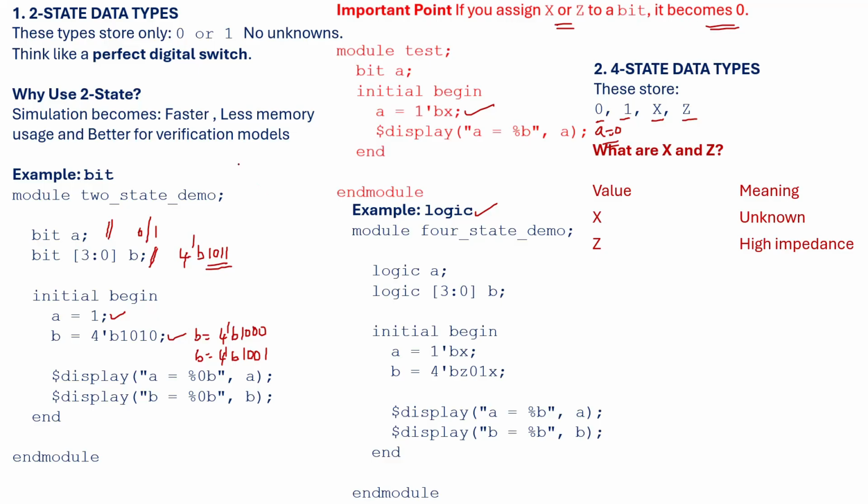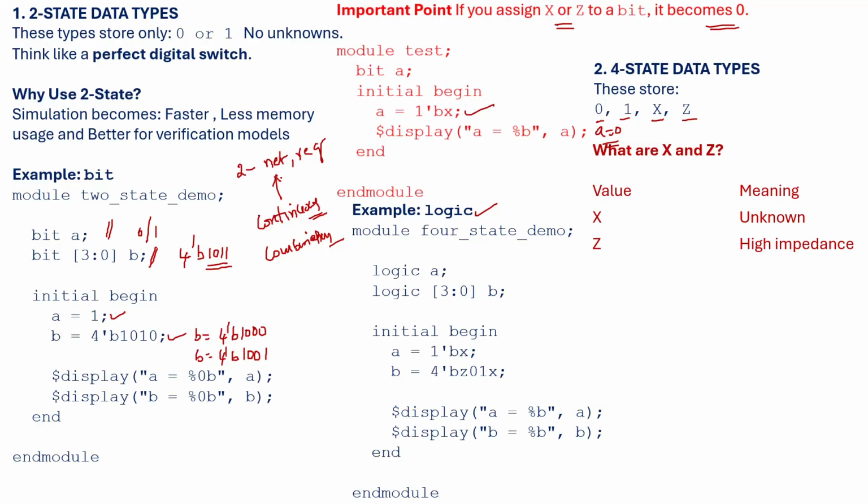Logic: in Verilog we have two data types. One is the net data type, and the other is the reg type. The net type is used for continuous assignments, that is, whatever combinational circuits there are.